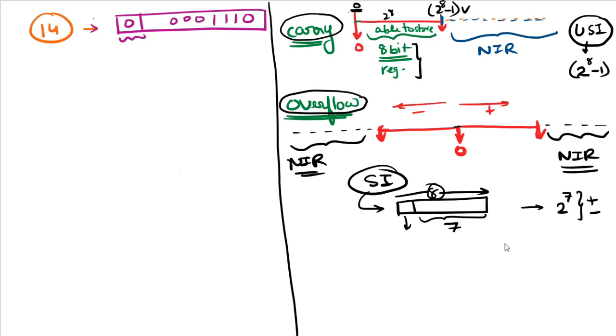So the first thing that will come into your mind is we can represent 2 to the power 7 here and 2 to the power 7 here. But it is actually not the case. So what is the case? You must see here, this 2 to the power 7 will also have one value as 0, but we don't have two values, plus 0 and minus 0.